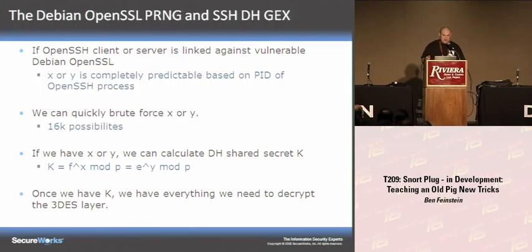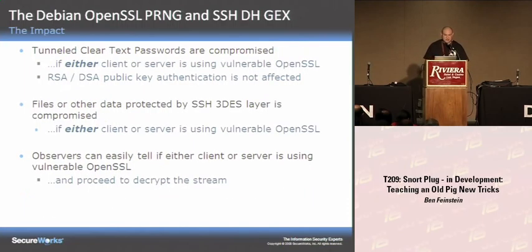This is bad. I can quickly brute force through, actually it's 32,000 possibilities if I needed to search the entire key space, and solve that discrete log, and then I have the shared secret K. With K, all bets are off. I can do your triple DES decryption. I can look inside that supposedly secure SSH session.